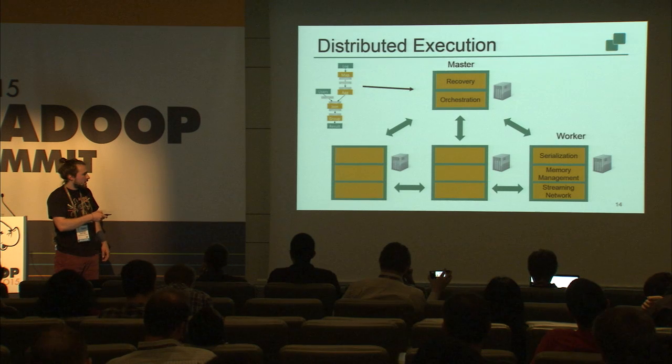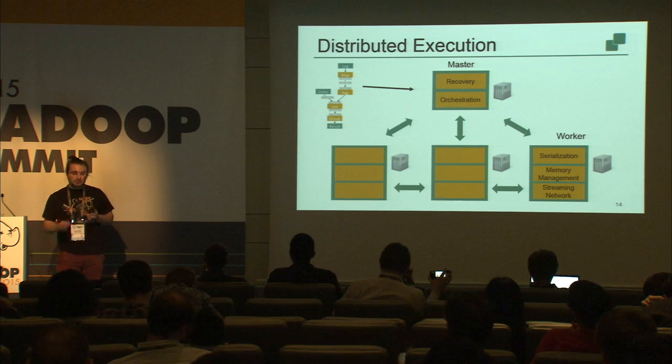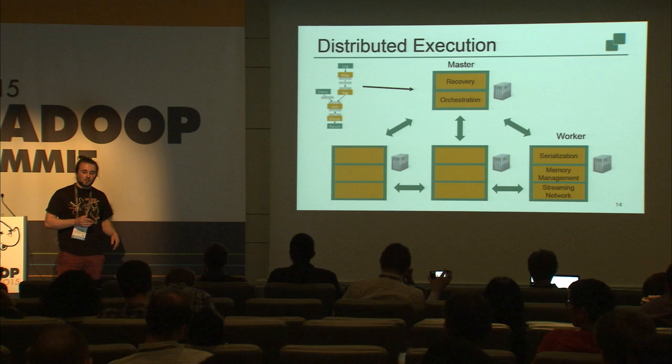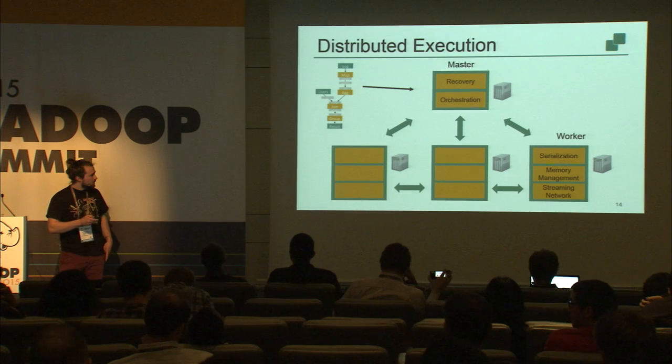And these workers have efficient serialization code. Because you want to send stuff over the network, you have to serialize it. So we actually analyze the types in the user program and create serializers to efficiently serialize them.